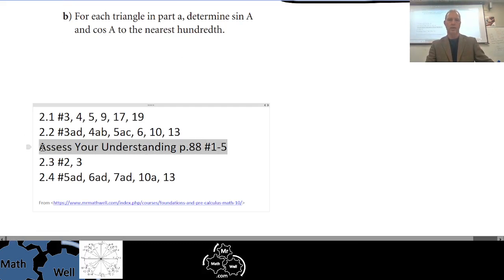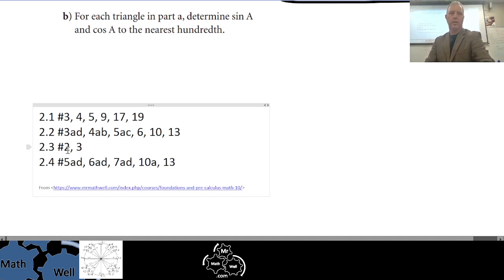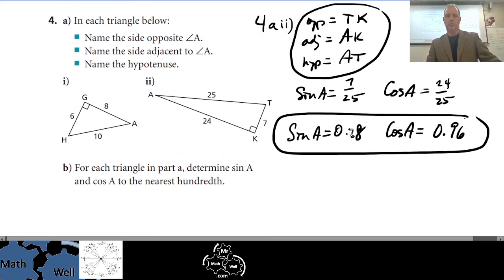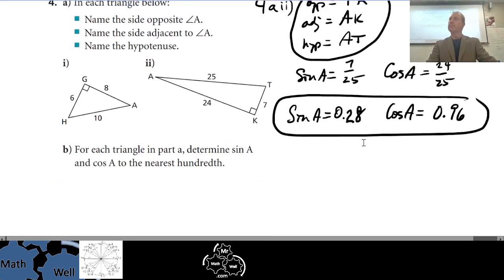The assess your understanding is not required. So this is 2.4 we did today, right? Yeah. Okay, so there's your assignment as well. So I'll just go over this here and show you that.